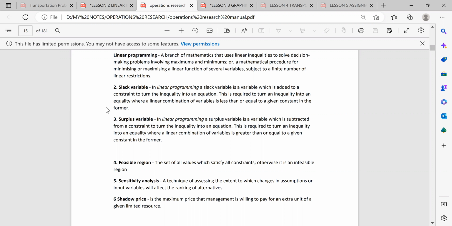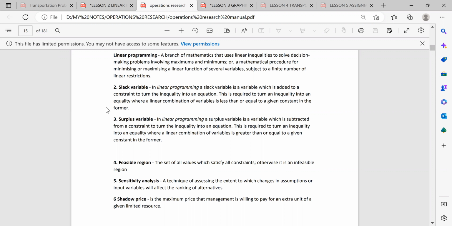This is required where a linear combination of variables is less than or equal to a given constraint. In our case, the first constraint was 2x1 plus 2x2 less than or equal to 120. For that to turn into an equality, you need to add a slack variable.